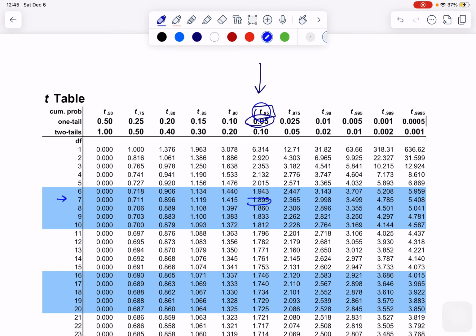It comes out... There's something wrong in the question. I expect they meant a 97.5 confidence interval because there's something wrong. 5% meaning 0.025 each one. Okay.